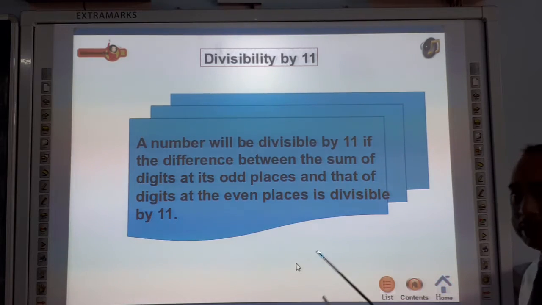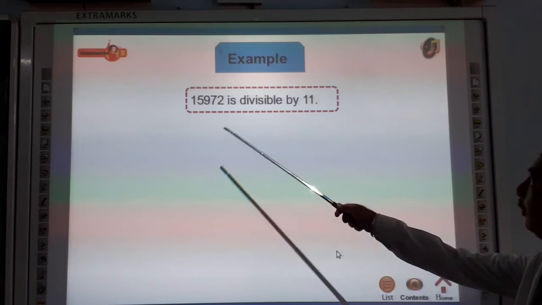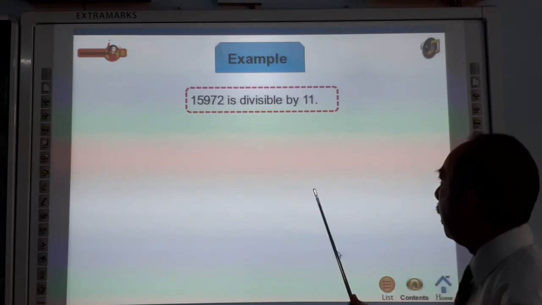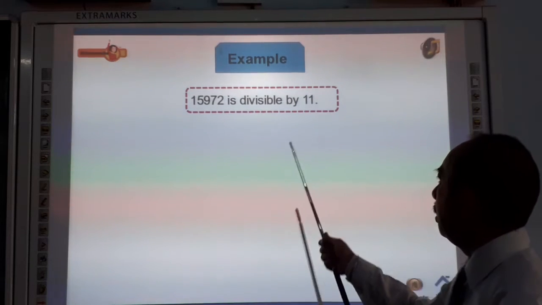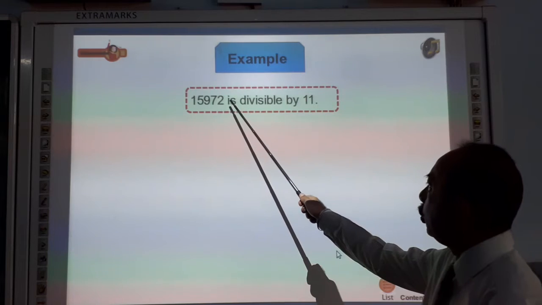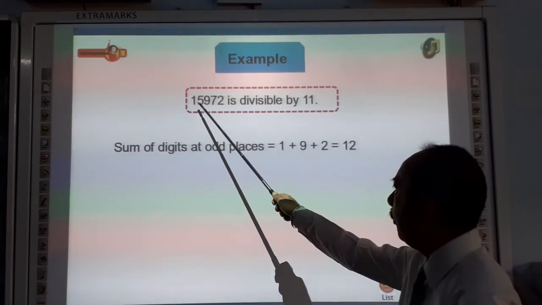Let us go through an example now. Here we have the number 15,972, and we have to check whether it is divisible by 11. Here, from the right hand side, 2 is at the first place, so it is odd, 9 odd and 1 odd.